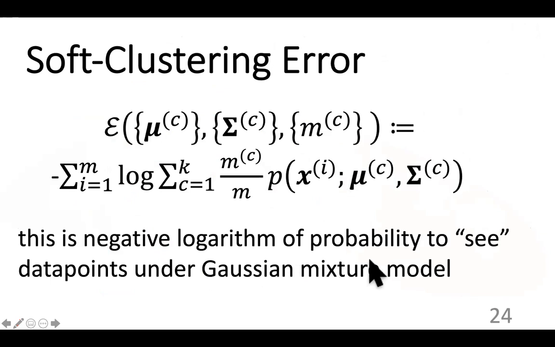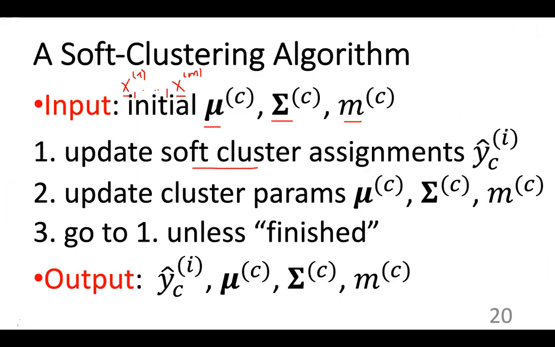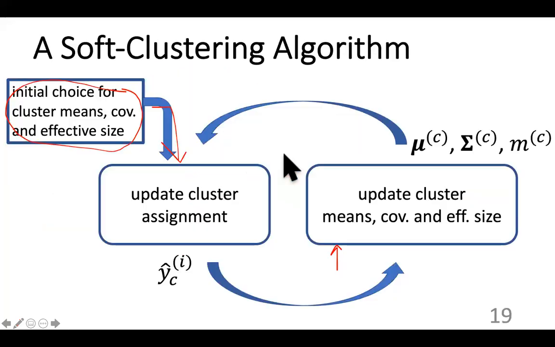What we use in this soft clustering algorithm, again, is that we represent clusters by Gaussian distributions, and this collection of k Gaussian distributions is called a Gaussian mixture model.